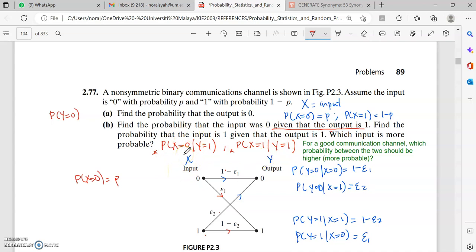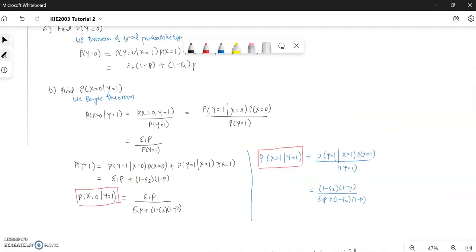Let's look at what this and this mean. This expression means: what is the probability that you actually sent a 0 given that you received a 1? This is the probability of an error occurring.